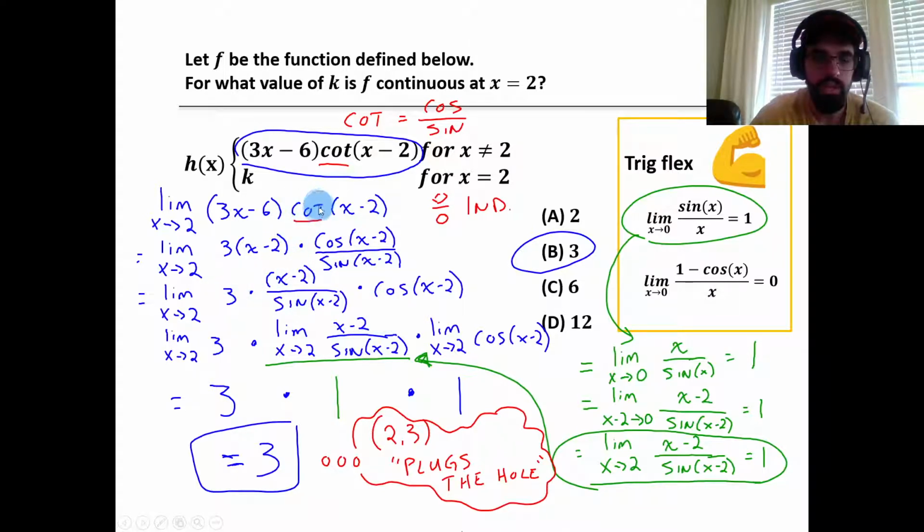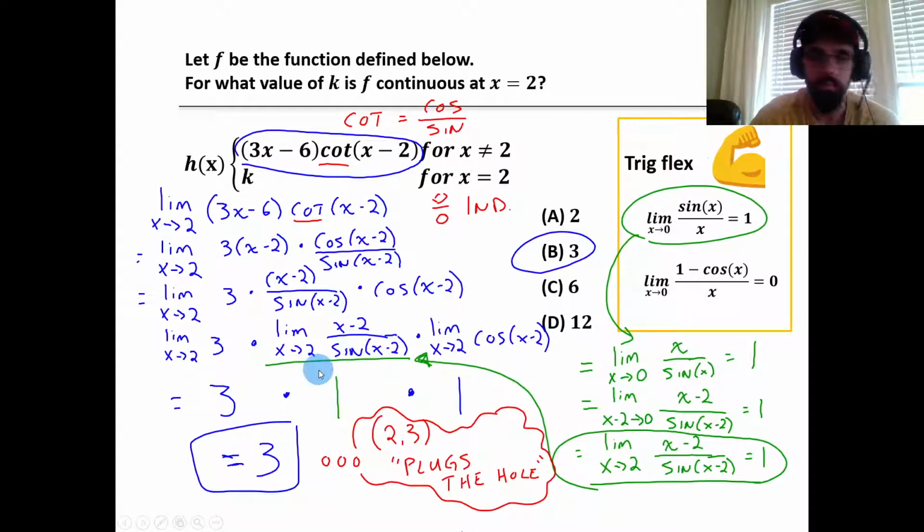So take cotangent, which is cosine over sine. We have our binomial times cosine divided by sine. I'm going to rearrange the multiplication and the division here, which is totally fair game. I'm going to put the 3 up front. I'm going to take x minus 2, divide it by sine, and then multiply by cosine last. So we break our function into 3 products.